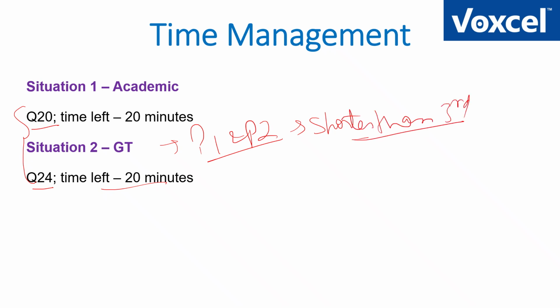They are divided into two or sometimes three texts per passage, so they are shorter than the third passage in GT. Especially in GT, you can do four or five more questions than you would have done in academic. So basically the numbers would be the same here. Okay, again imagine your reaction.